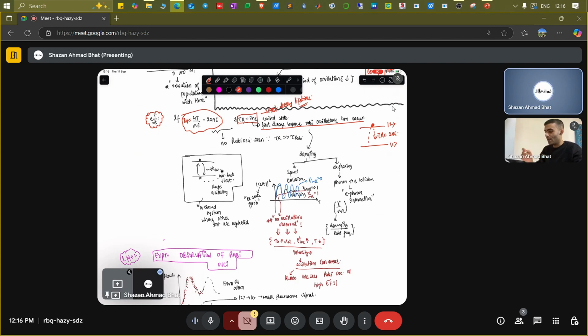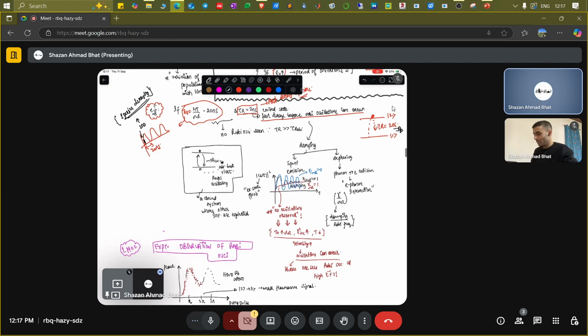I mean, because the time period of oscillation for the Rabi frequency is like this. So this time period is 20 nanoseconds, and before that, here at 2 nanoseconds, the species is decaying. So are you going to see the Rabi oscillations? Obviously not, because even before the oscillation starts, your species would have decayed and emitted a photon, and that photon might be absorbed by certain things.